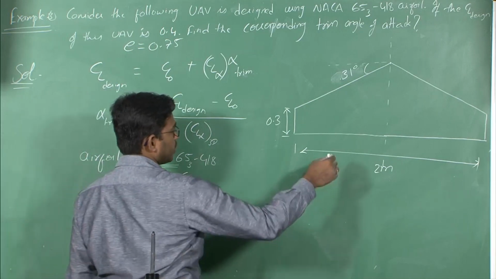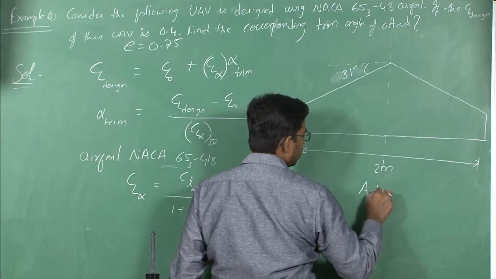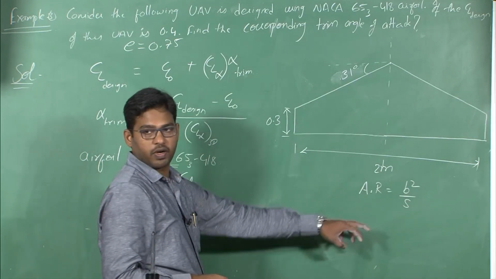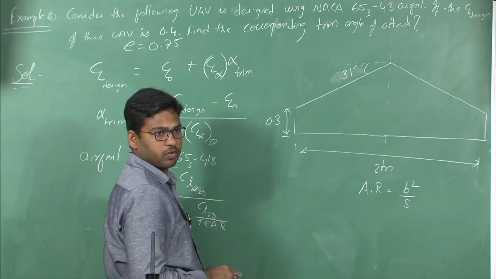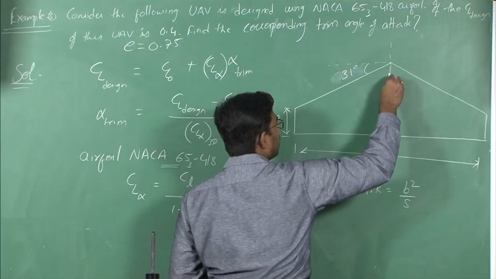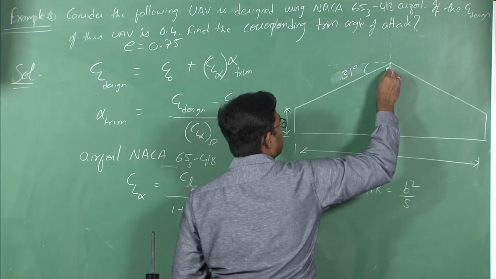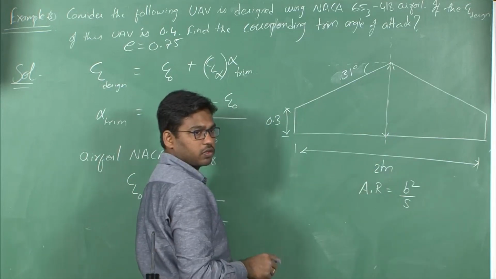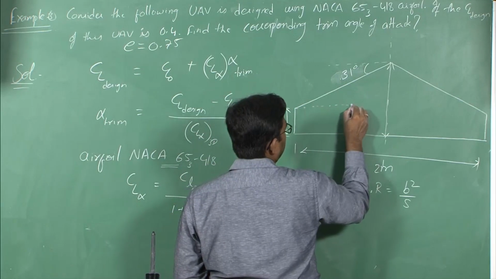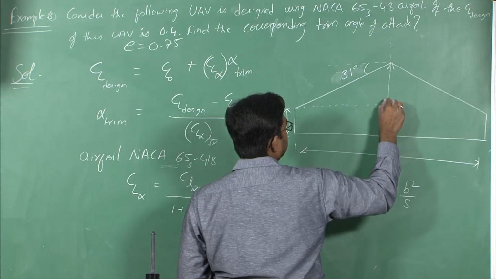First, how to find the aspect ratio? We know AR is equal to b square by S. So we need to find the area here. To find the area, I need the root chord. I need to know what this root chord is. So how do we find this root chord?